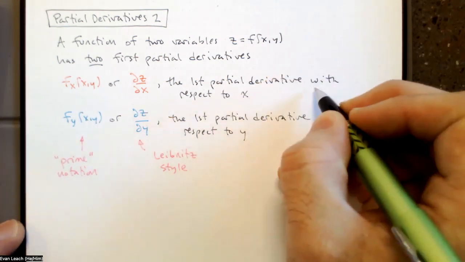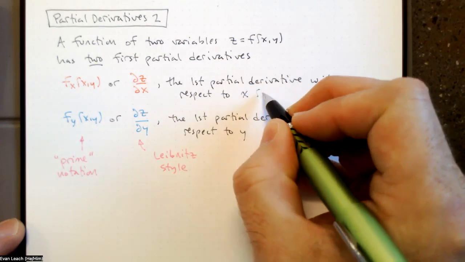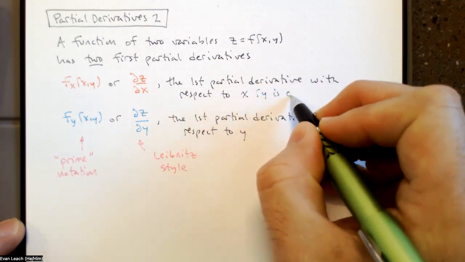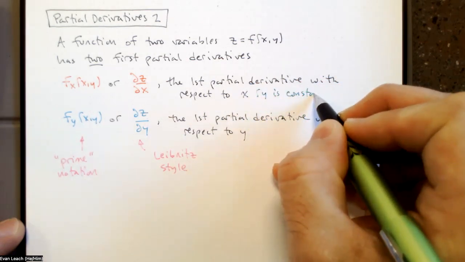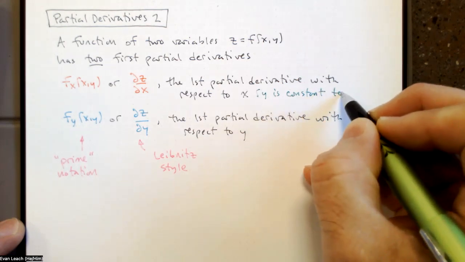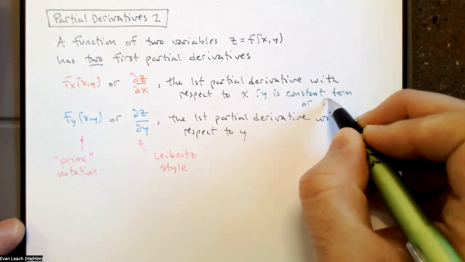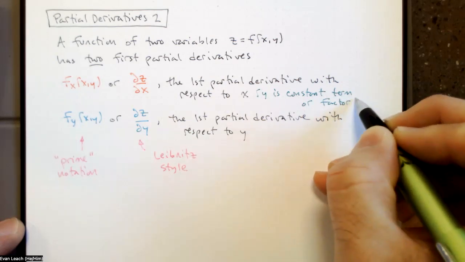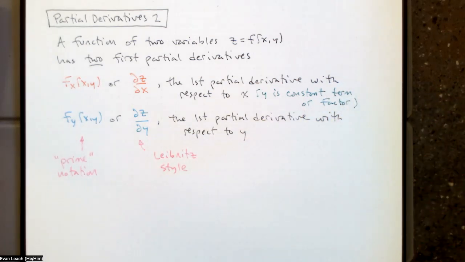So when we take the derivative with respect to x, y is constant, term or factor. We treat constant terms and constant factors differently. Constant terms, the derivative is 0. Constant factors, they just get carried along.